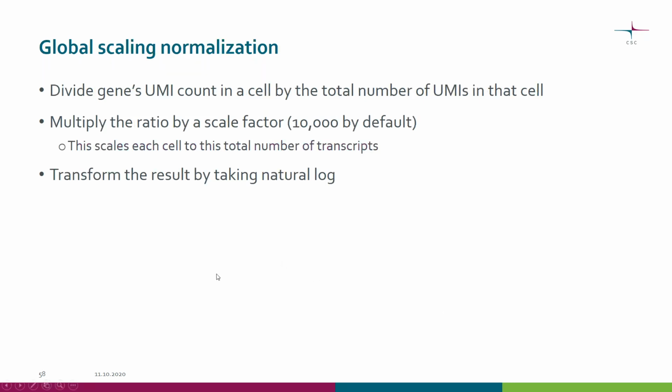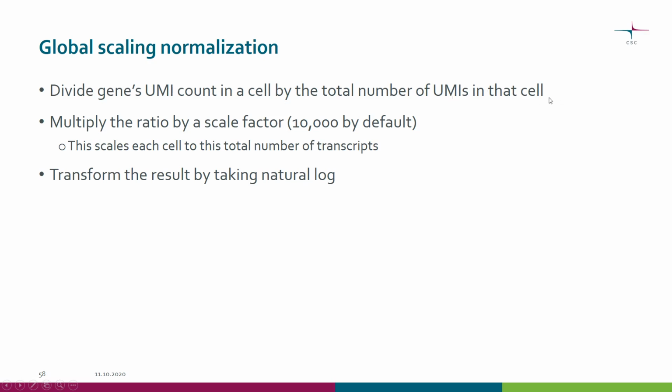The Seurat package offers as the default method a global scaling normalization, and here are the steps that happen. So first of all, we take the gene's expression value, or the UMI counts in a cell, and divide that by the total number of transcripts or UMIs in that cell.